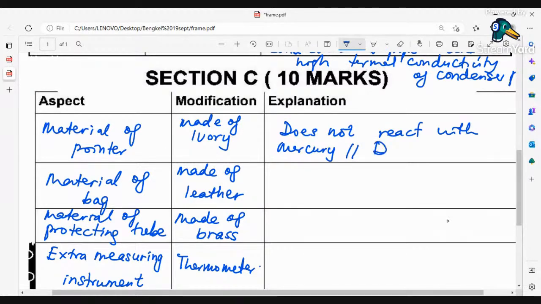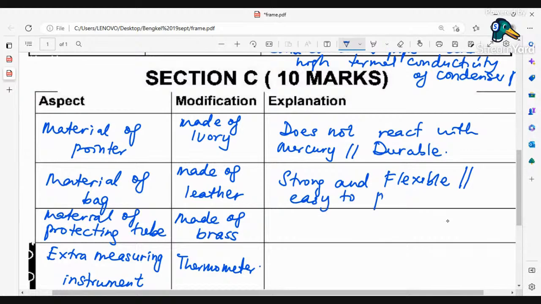Or durable, long-lasting, does not break easily and so on. Material of bag is leather, because it is strong and flexible. Easy to push mercury.